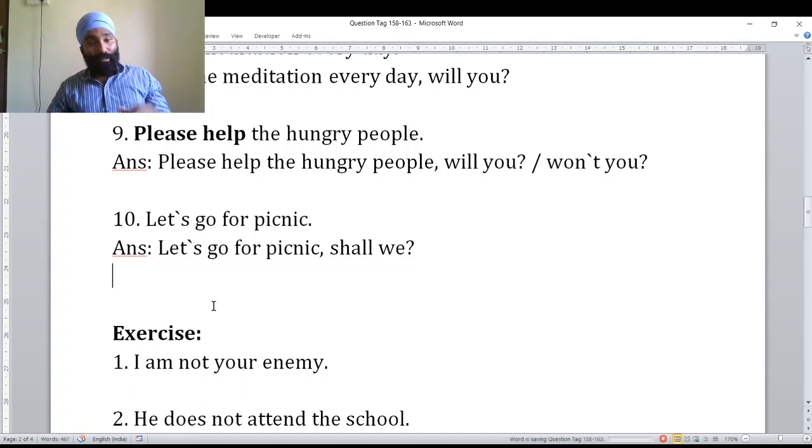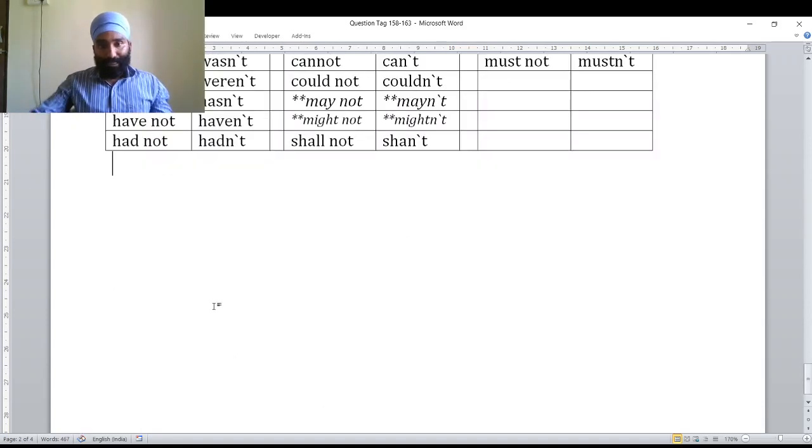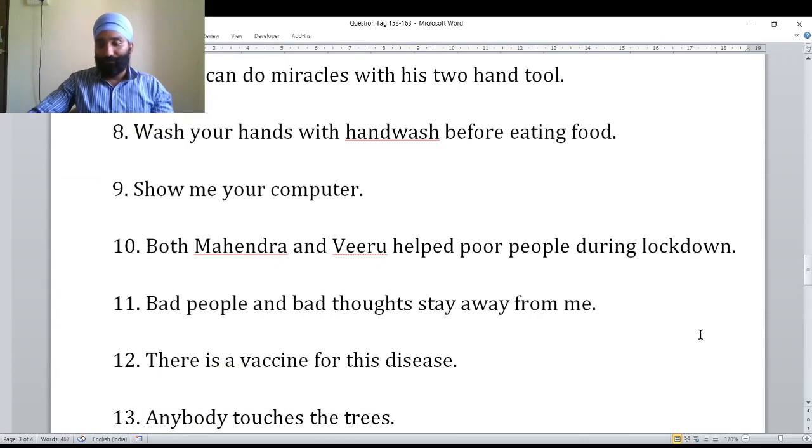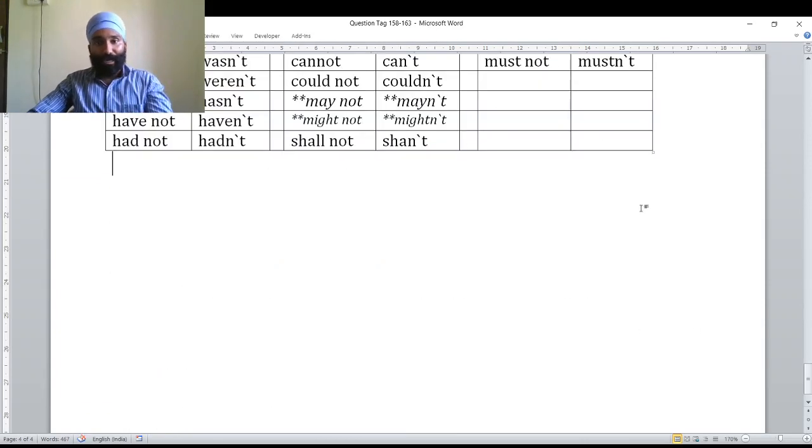Now you have seen what a question tag is and how to add a question tag. If the sentence is positive, you add a negative question tag. If the sentence is negative, you add a positive question tag. I have shown you 10 types of sentences. Now I am going to give you a table in which contracted forms of the helping verbs are there.